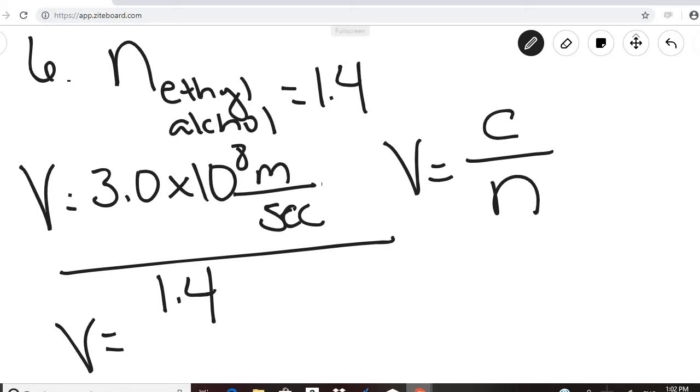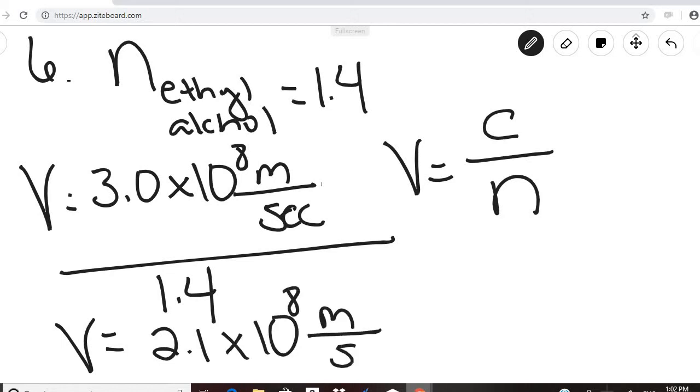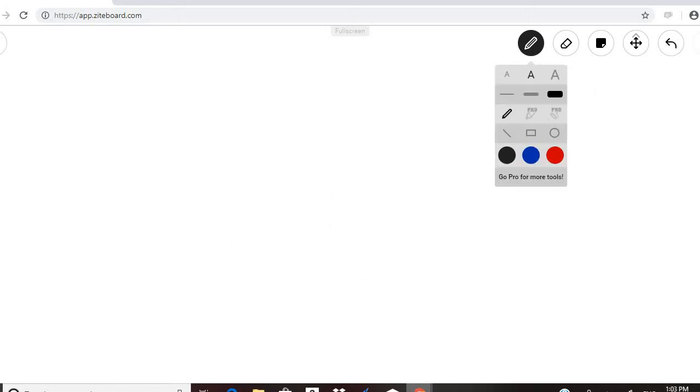And if we do that, you should get 2.1 times 10 to the 8 meters per second. So light will travel in ethanol at 2.1 times 10 to the 8 meters per second, so slower than in air.